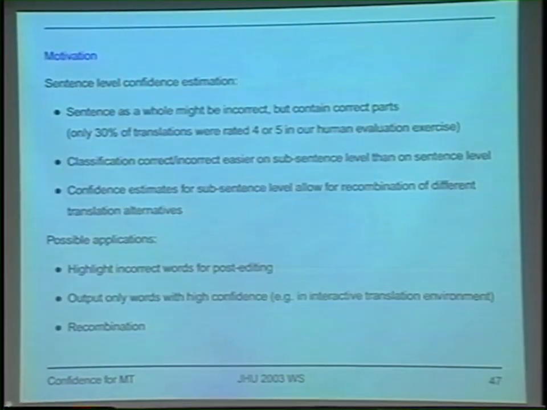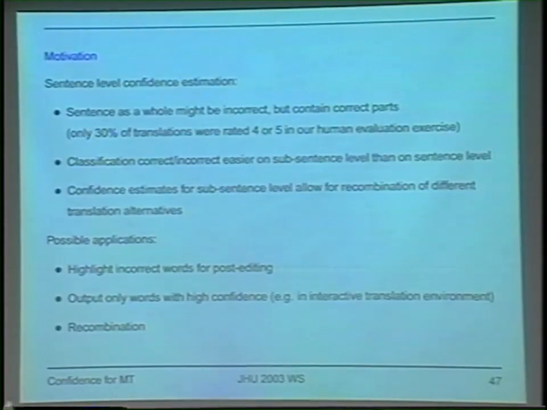This classification of correct or incorrect is much easier on the sub-sentence level. And what we hope as well is that if we have confidence estimates for the sub-sentence level, they might allow for a recombination of different translation alternatives, as George mentioned before already.